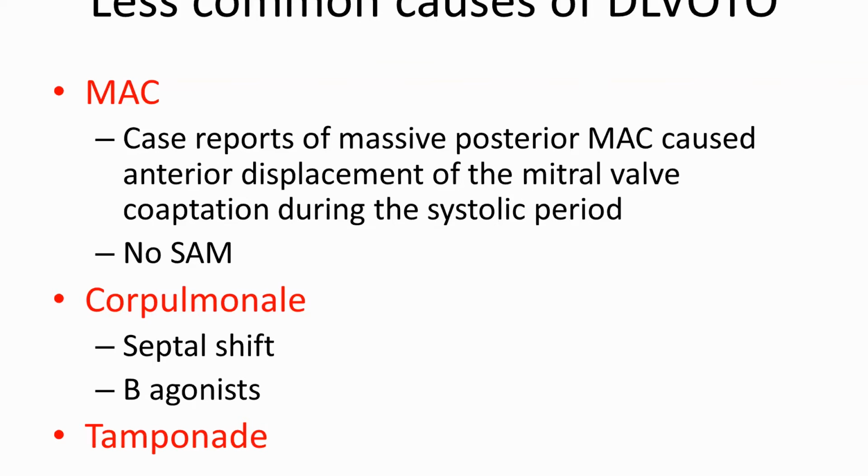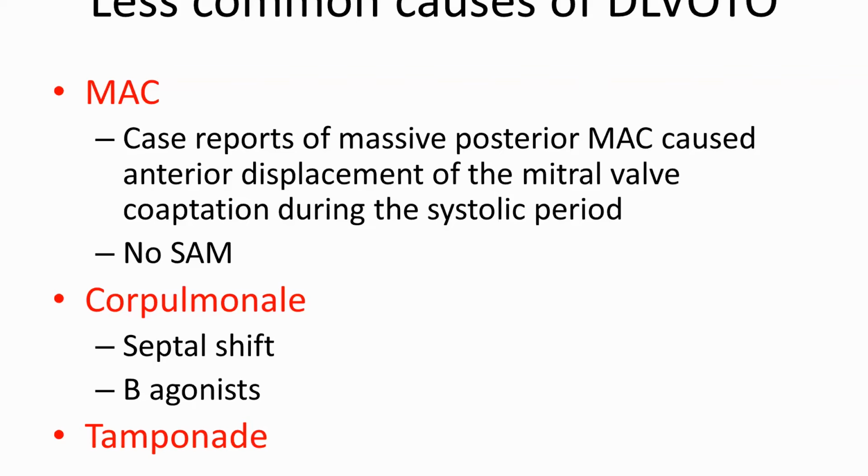We talked earlier about significant mitral annular calcification. That's where the whole mitral valve is pushed up because of the calcification. There's usually not much SAM. It's usually more of a fixed kind of obstruction. Plus you get the mitral stenosis with it as well.